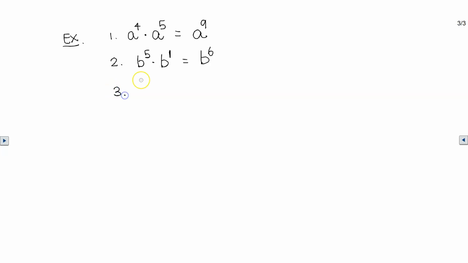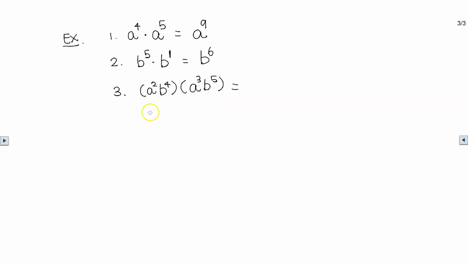Now, I think you can see those 2 examples, fairly simple what we're doing. What I want you to also be aware of, though, is that we can do this with multiple variables. So I could do something like a to the 2nd, b to the 4th, times a to the 3rd, b to the 5th. So notice, this is a multiplication problem here.